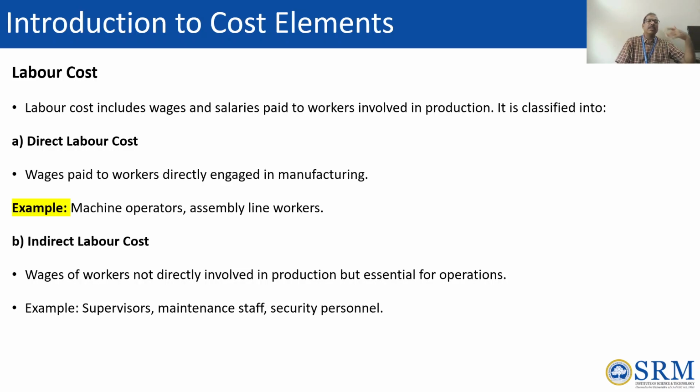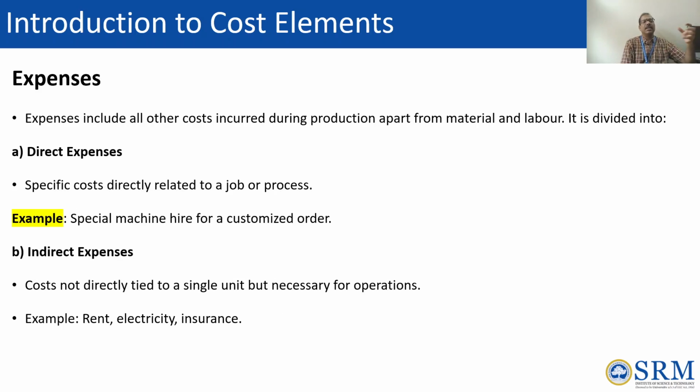Then whatever expenses or costs are not categorized under direct labor cost, indirect labor cost, direct material cost or indirect material cost need to be considered as expenses. Even expenses are of two types: direct expenses and indirect expenses.